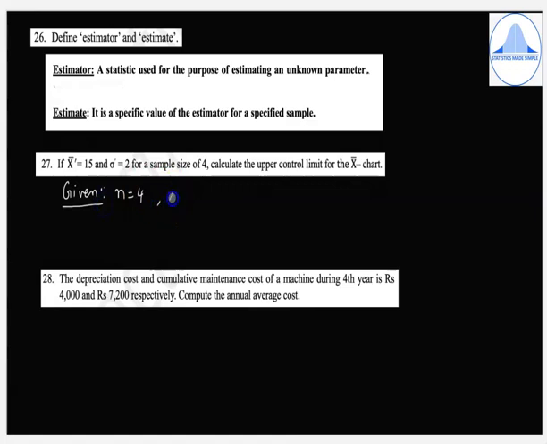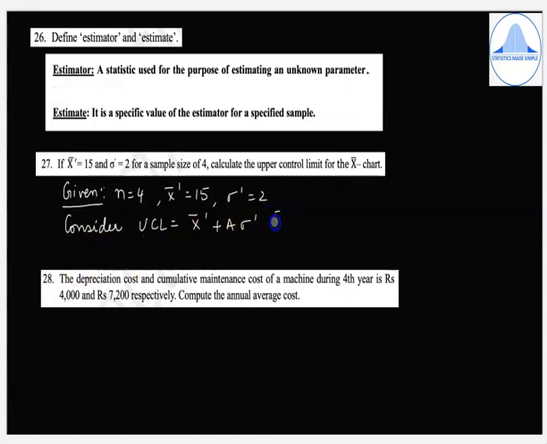Then you have x bar dash is equal to 15 and sigma dash is equal to 2. Now let's write the formula for the UCL for the x bar chart. So consider UCL is equal to x bar dash plus A sigma dash. Okay.